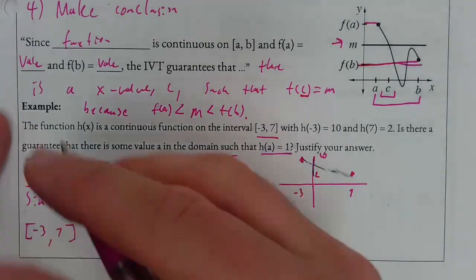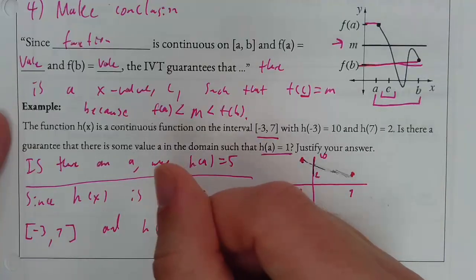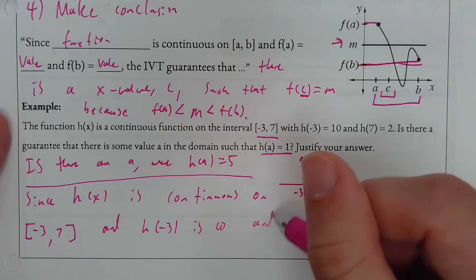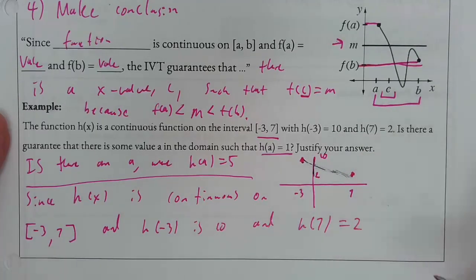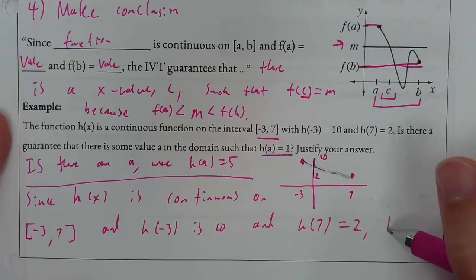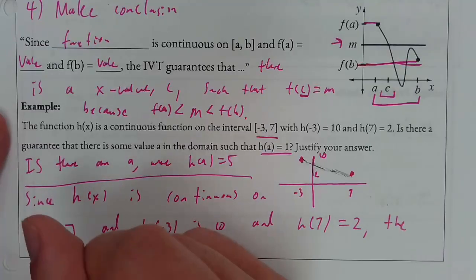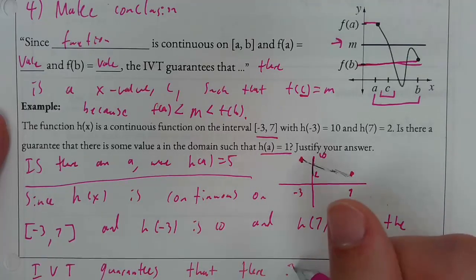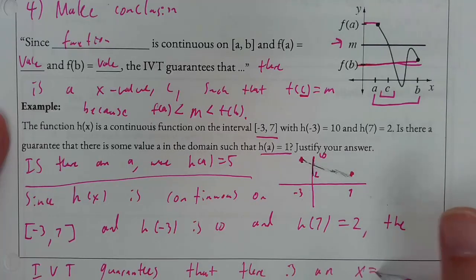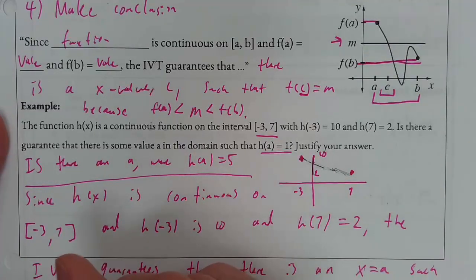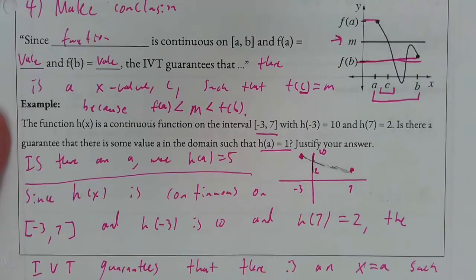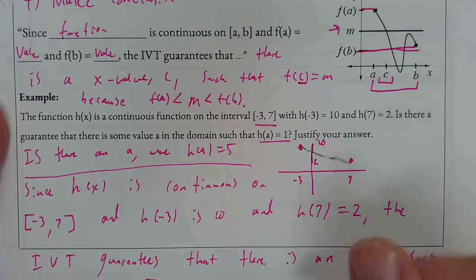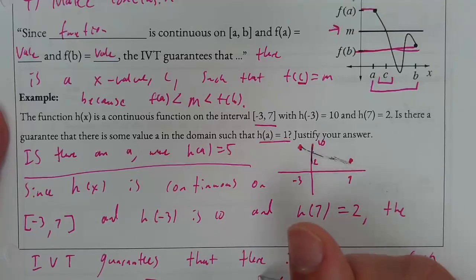Since it's continuous on negative 3 comma 7, and h of negative 3 is 10, and h of 7 equals 2, comma, the IVT guarantees that there is an x equals A such that h of A equals 5, since 5 is less than 10 but greater than 2.